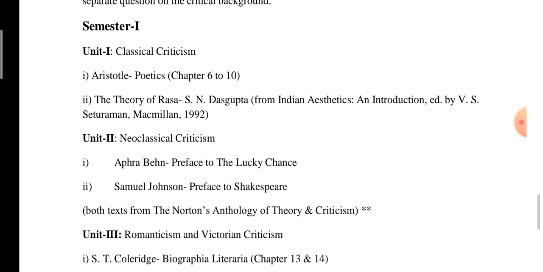There are 2 theories: Aristotle's Poetics, chapters 6 to 10, and the theory of rasa, S.N. Dasgupta. Then the second unit, neoclassical criticism, has Aphra Behn's preface to The Lucky Chance and Samuel Johnson's preface to Shakespeare.